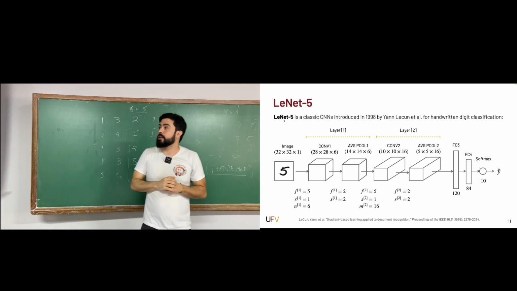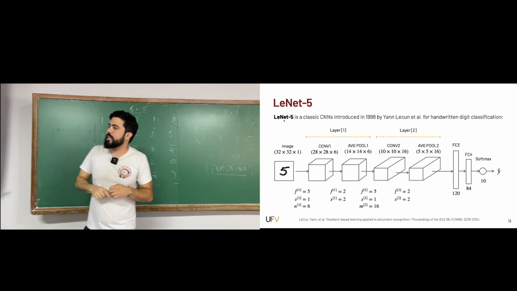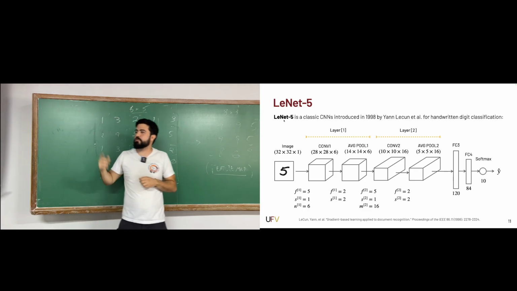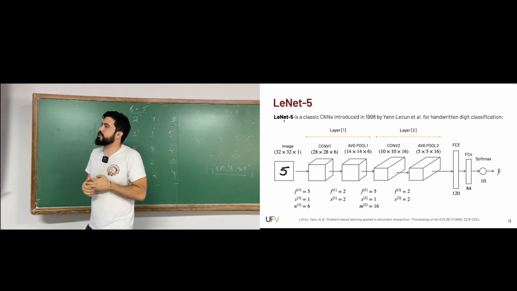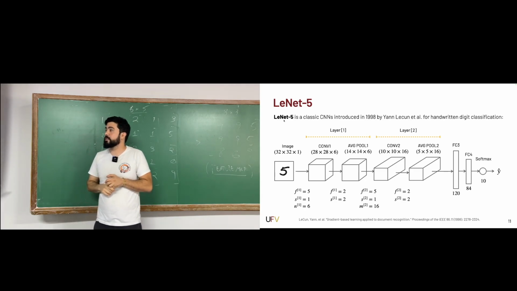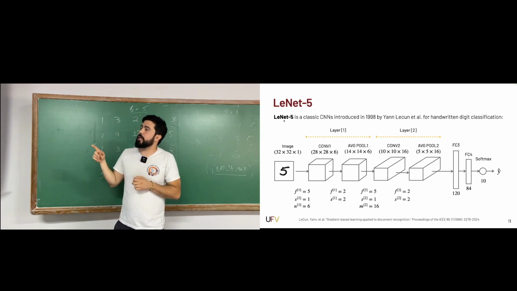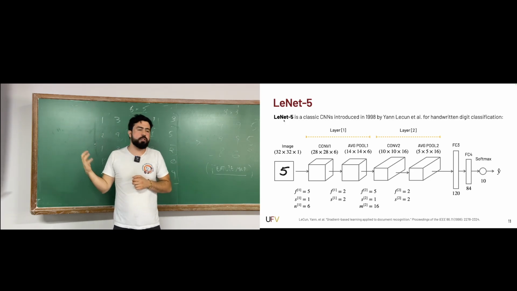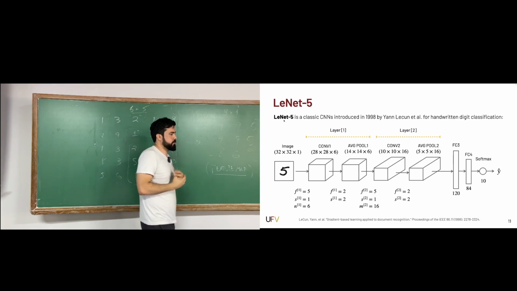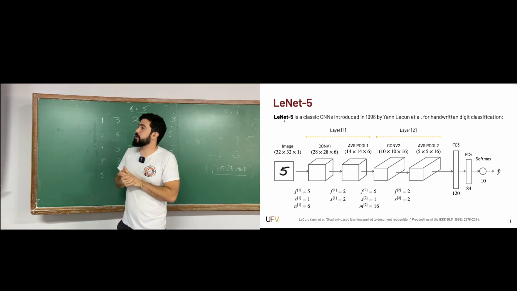convolution layer. So we have this first convolution that has a filter size of f equal to 5, a stride of 1, and 6 channels. So you see that the first activation there is 28 by 28 by 6. And then it's followed by an average pooling. Back then, average pooling was quite frequent, but nowadays you don't see it anymore.